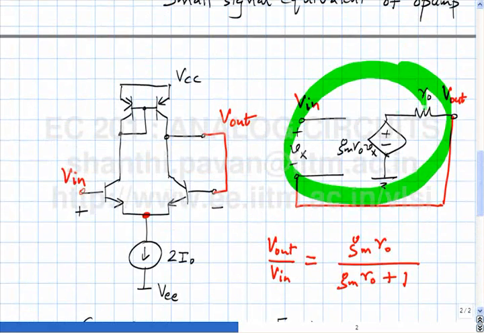What is the incremental current coming out of the op amp? What is the current flowing in this branch? 0, because there is no base current in this transistor, so the current flowing in that branch is 0. So the incremental current flowing in this transistor must be very, very small, and if RO tends to infinity, it must actually be 0. The only change in this transistor is because of the output impedance of this transistor.